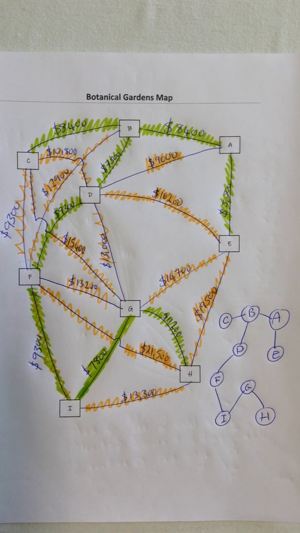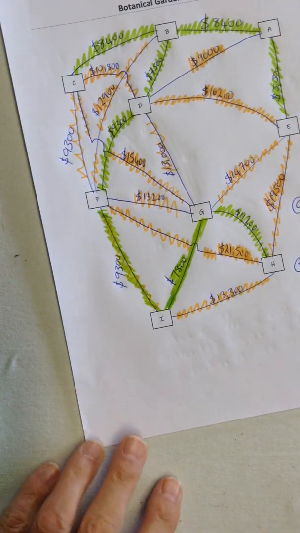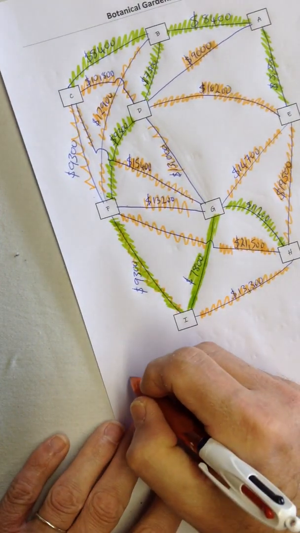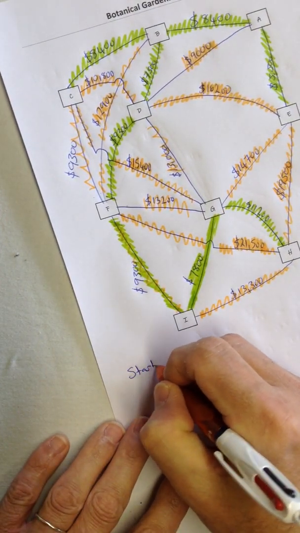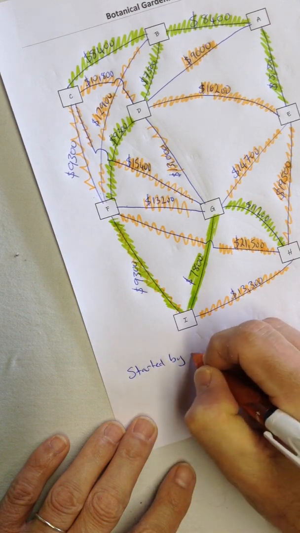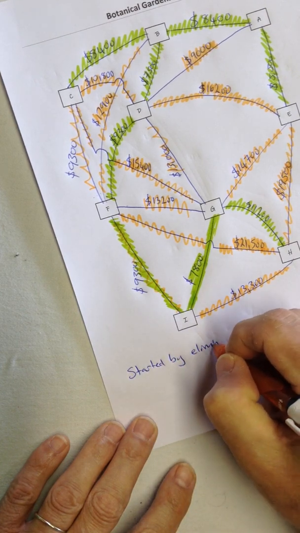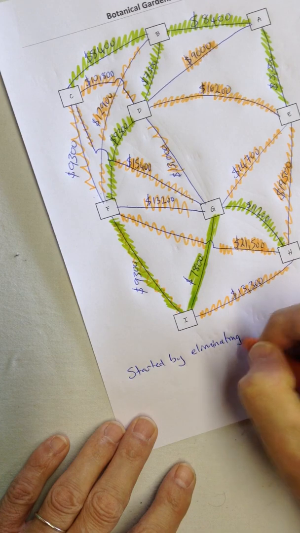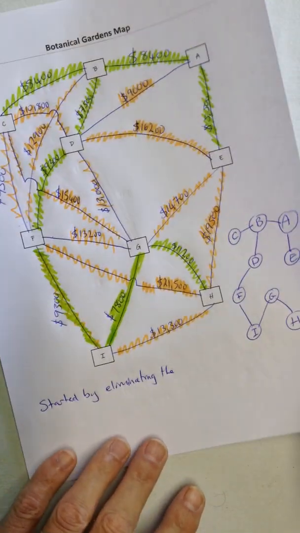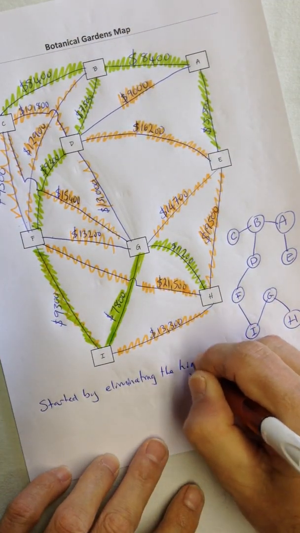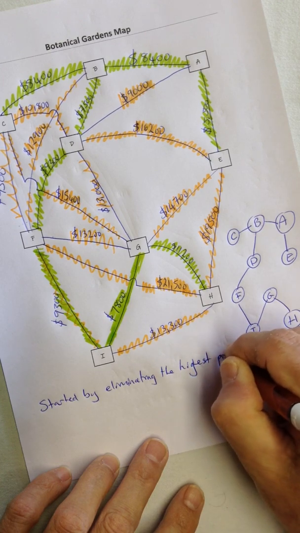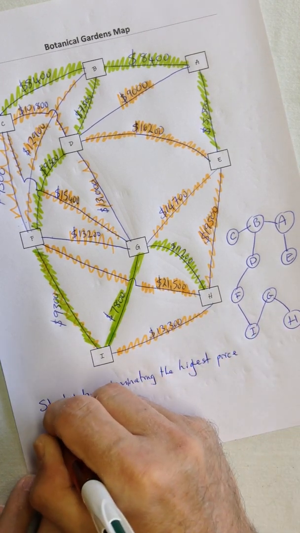For my merit, I need to give some sort of justification. Okay, so I need to possibly write down what I've done. Okay, started by eliminating the highest priced pipeways.